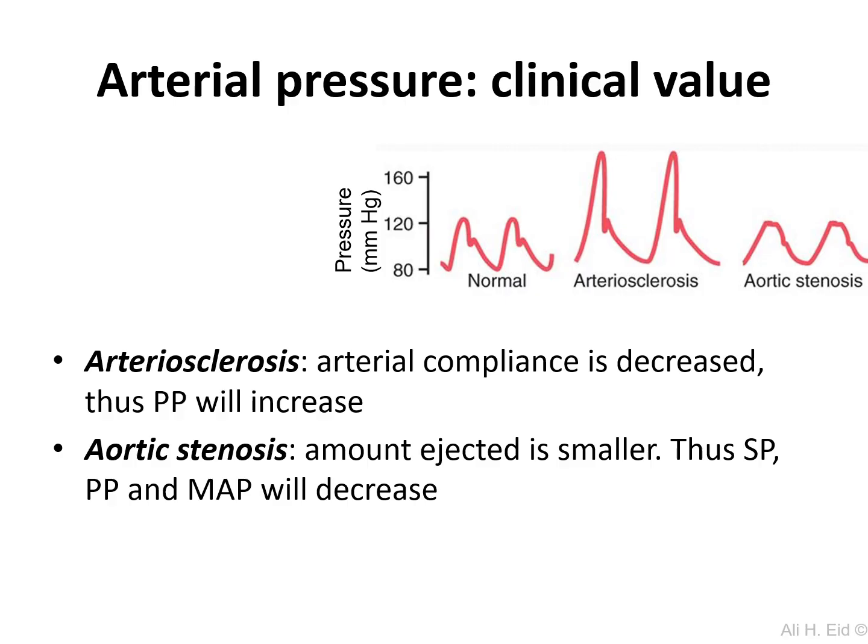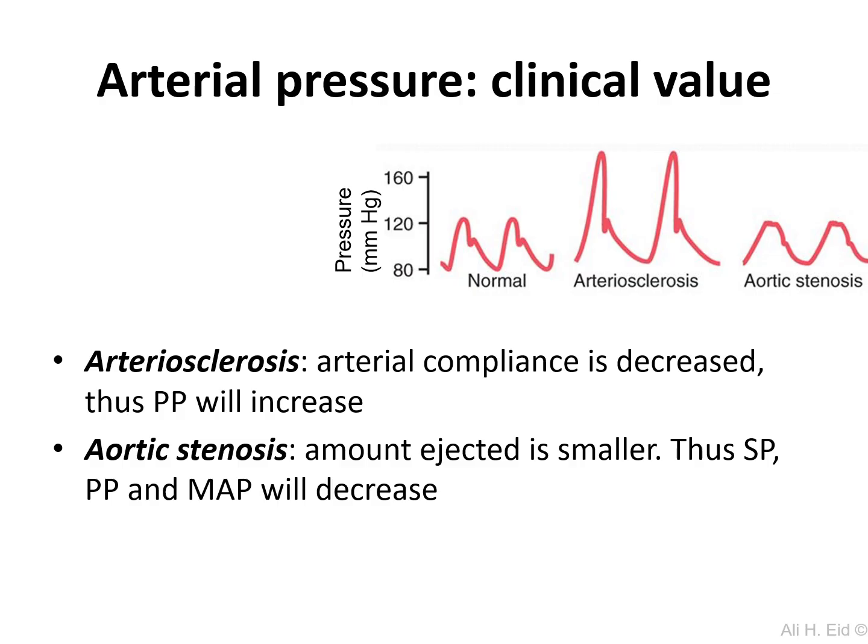One of the clinical values here is that in arteriosclerosis, because compliance is decreased, ejection of stroke volume from the left ventricle is going to cause a much greater change in arterial pressure than it does in normal arteries. Remember what we mentioned a while ago, that compliance is equal to delta V divided by delta P. And thus, if you change that equation, delta P would be delta V divided by C. So if the compliance decreases, the delta P is going to increase.